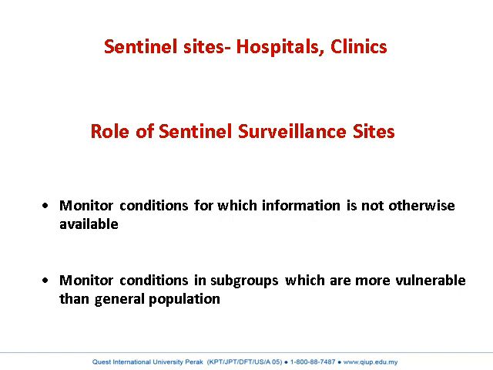They look for an increase in HIV or some disease in the general population, apart from the high risk population. They monitor conditions in subgroups which are more vulnerable than the general population, and monitor conditions for which information is not otherwise available.